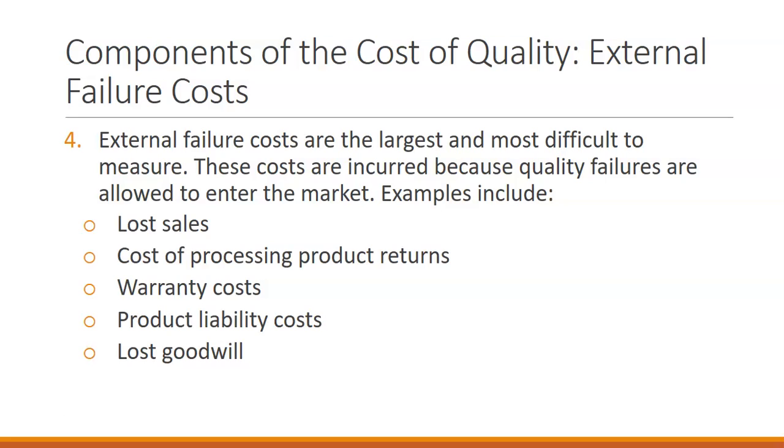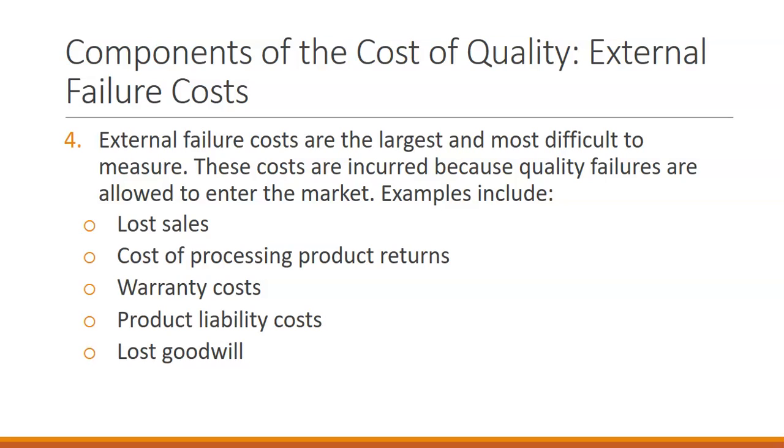So things that have external failure costs are, one, we lose sales because we get bad reviews and our customers will no longer buy our products because they don't trust us anymore. Any cost that we have in processing product returns and dealing with defective products coming back to us. Warranty costs. And then we also have product liability costs.